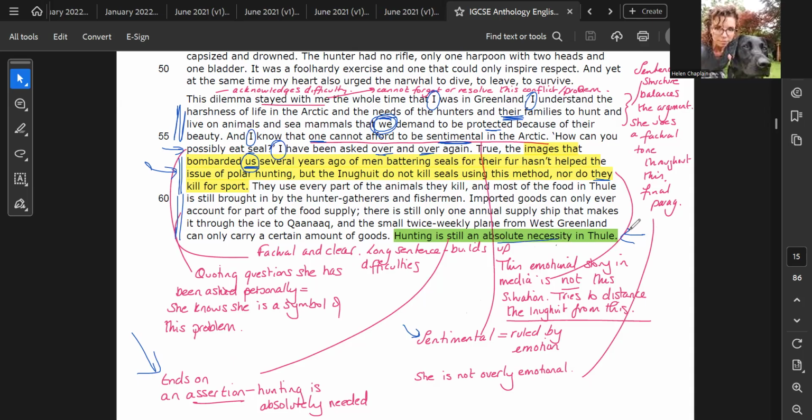It is an absolute necessity. That is clear, right? You can just pick up here, though, I've just put, quoting the question she's been asked personally. She knows she's a symbol of this problem, however she might be, aligning herself with maybe the wider world there. And although her tone is factual and clear, the long sentences build up the complexity of the issue.